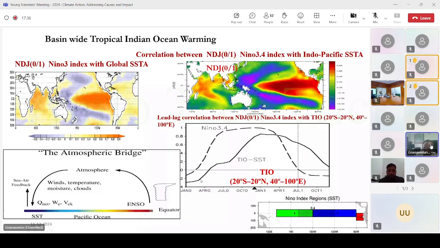So they also evolved parallel to the Pacific warming, but they persist for more time, even into the next monsoon period. So this is an important mechanism which can affect the Indian Ocean and Indian Ocean regions.